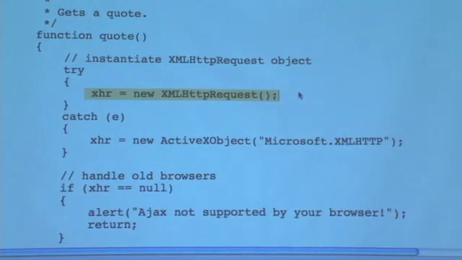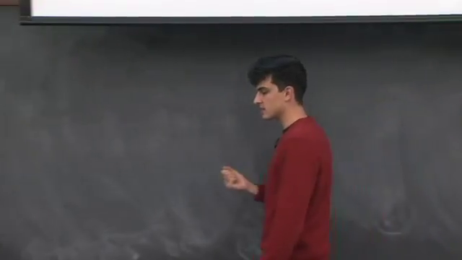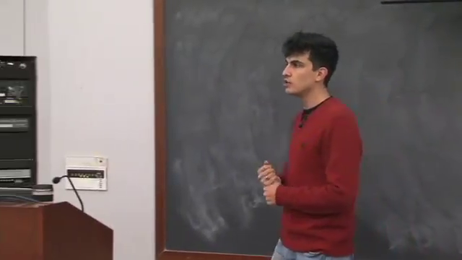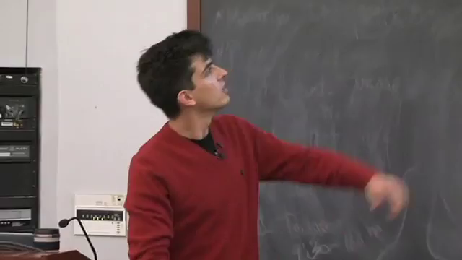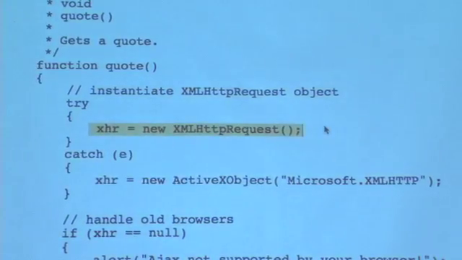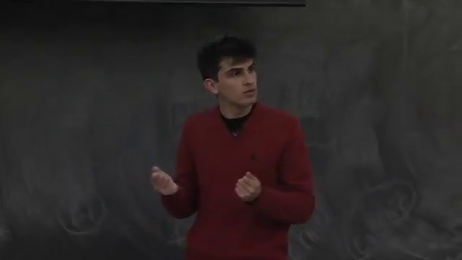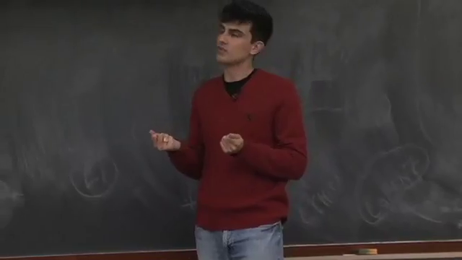So this is why we have these two lines around the try-catch block. We're going to try first to instantiate this XML HTTP request object using the typical JavaScript format. So right here, what's highlighted right now, XHR equals new XMLHttpRequest. Now, if that fails for some reason, JavaScript will essentially throw an exception, like a Java-style exception, if you're familiar.